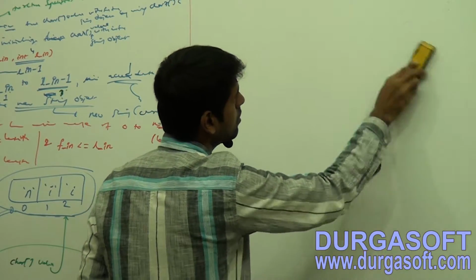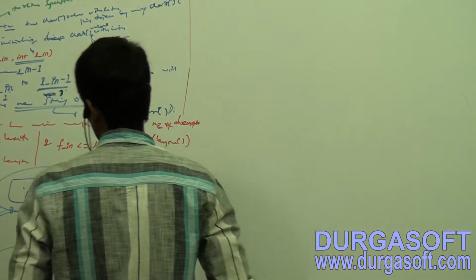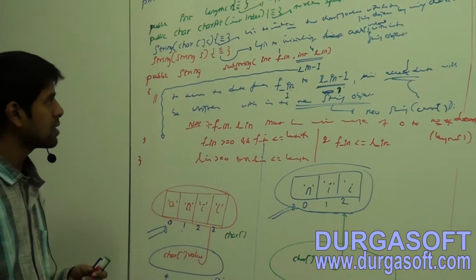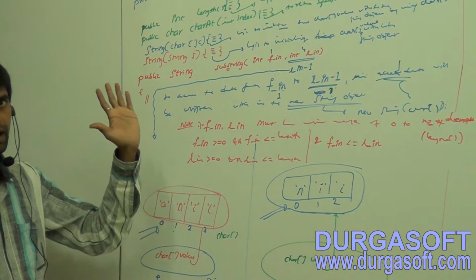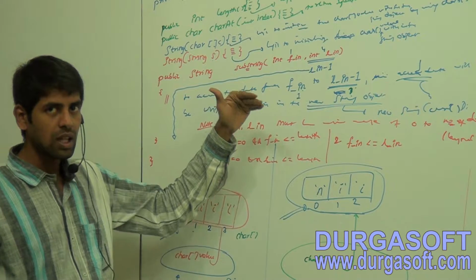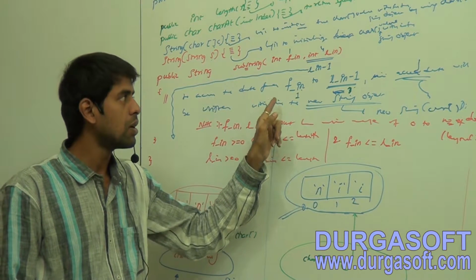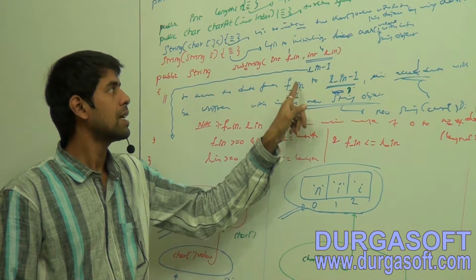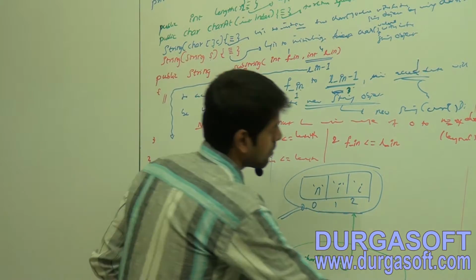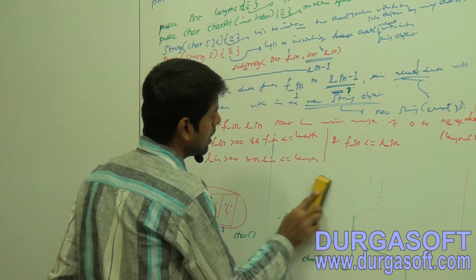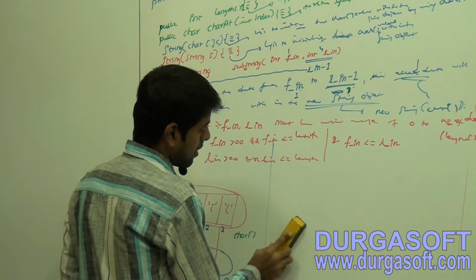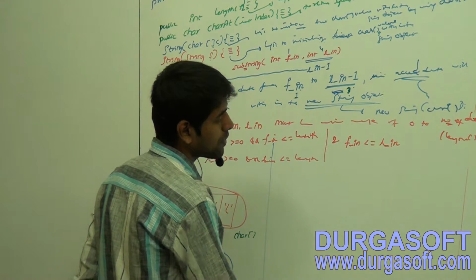Now observe. How to do it? The same thing I will do, the same logic. I will follow the same sequence also. First, I will access data from the first index to the last index minus 1 value index characters.